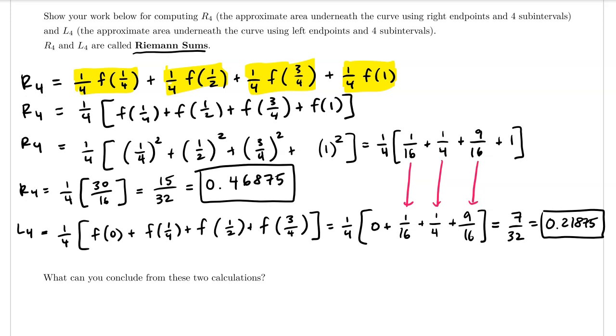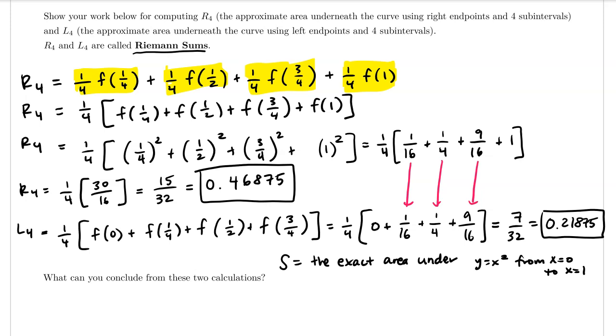So there's our final answer for L4. And then the next question says, what can you conclude from these two calculations? So remember earlier we said let S equal the exact area under y equals x squared from x equals 0 to x equals 1.